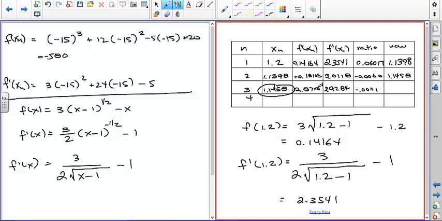So the answer 1.1458 is plus or minus 0.0001. So the second time we did it, it made it within 0.001. So let's do the same thing for the same equation.